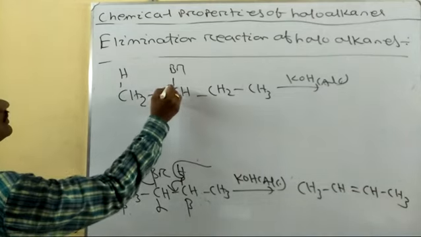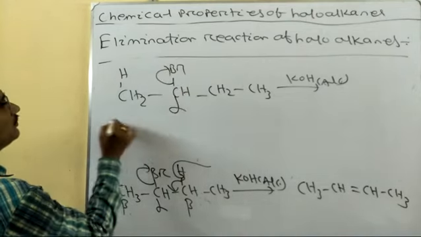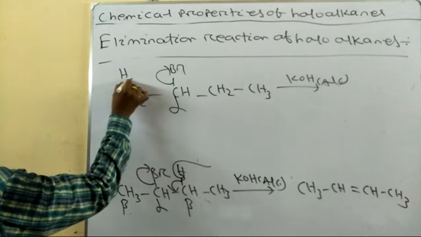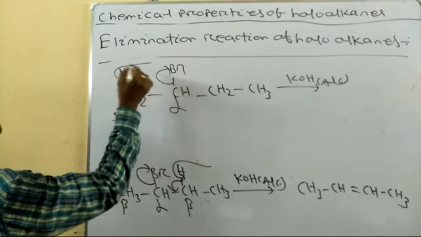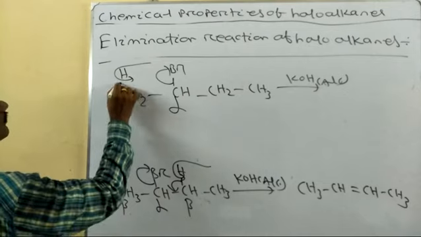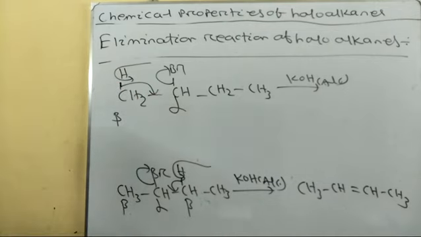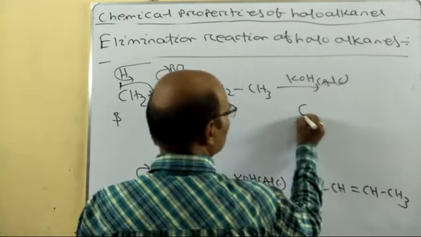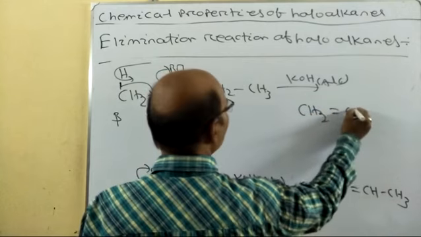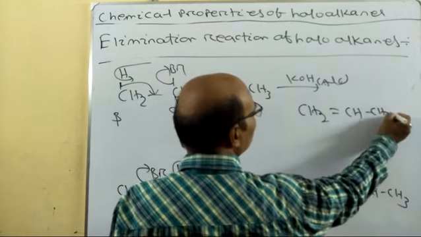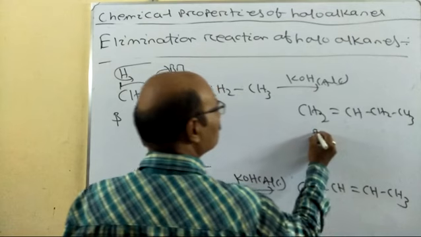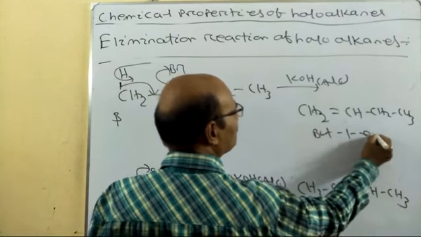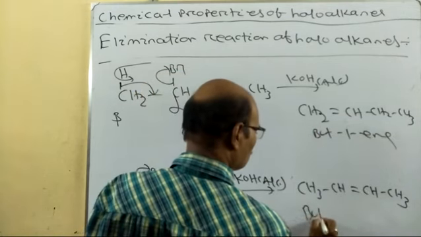Here you see alpha elimination and beta elimination, and we get CH2=CHCH2CH3. This is called 1-ene, and the other product is 2-ene.